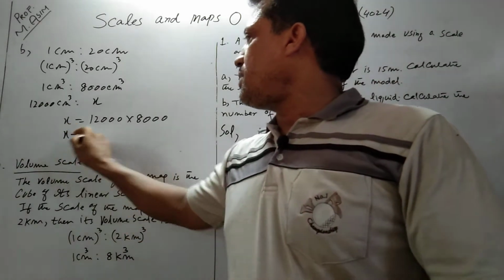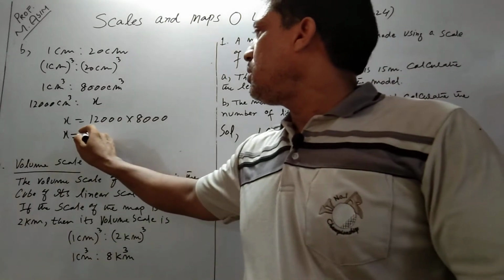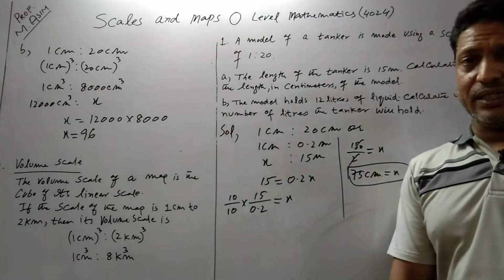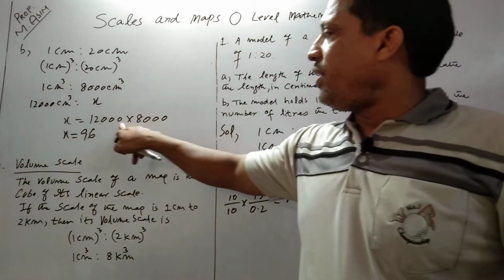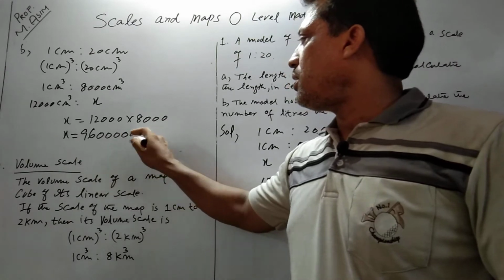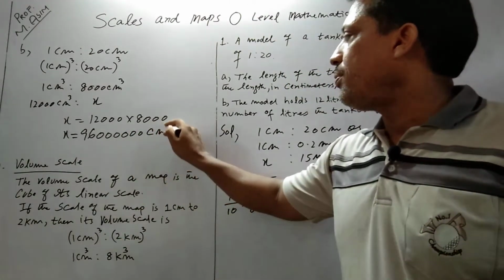So X is equal to 12 multiplied by 8, which is 96, and then 6 zeros in total, 3 and 3. The answer is in centimeter cubed.